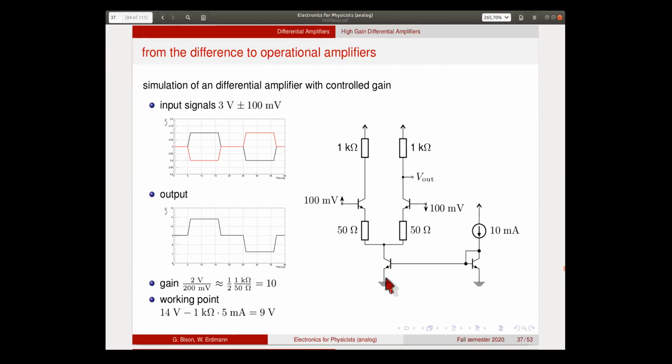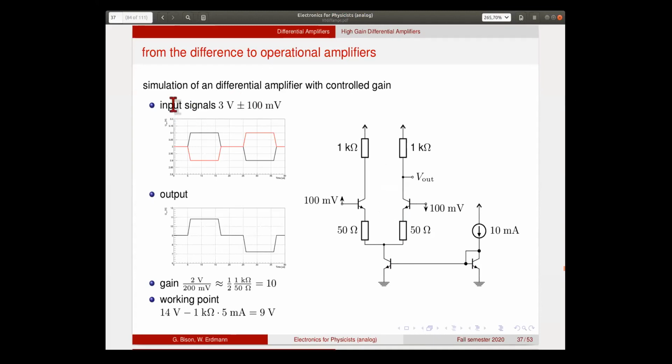This time we don't set the current through a resistor, but we use a current mirror. So we come in with 10 milliamps here, and then mirror it into this current source transistor. So we know that the current here is now 10 milliamps. We have these two NPN transistors that act as inputs, again with the 50 ohm and 1 kilo ohm. So this should define our gain.